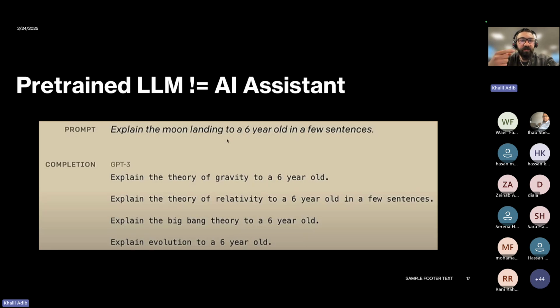It's kind of repeating the same patterns, because that's how the pre-trained LLM is trained, on data from all over the internet to learn the distribution of the tokens. That's it. They're not trained to be an assistant. That's why they wanted a way to make these pre-trained models useful for humans. Otherwise, they wouldn't be useful.